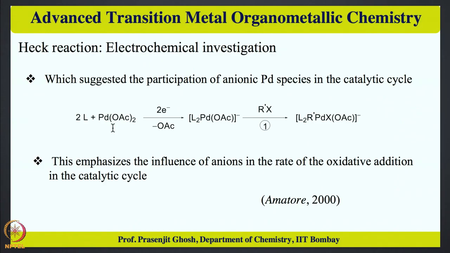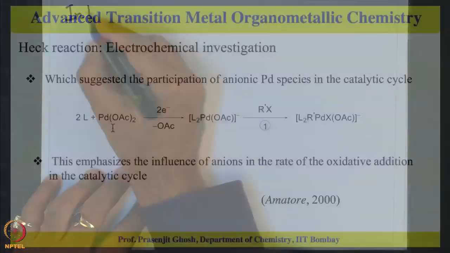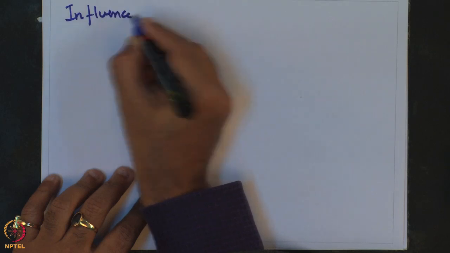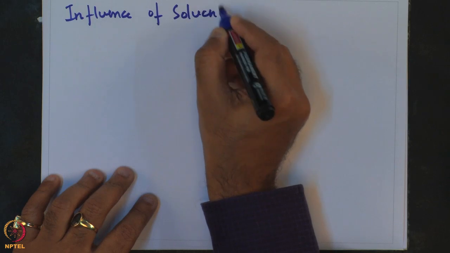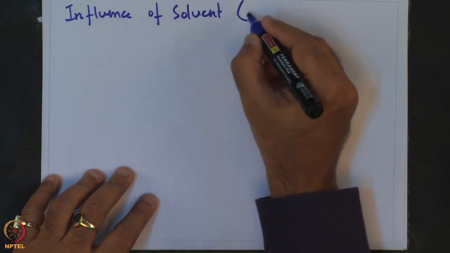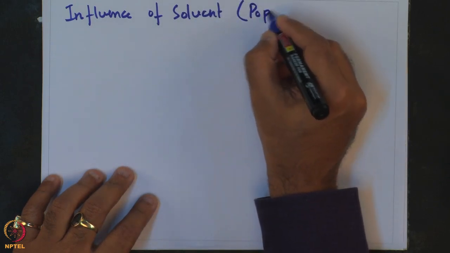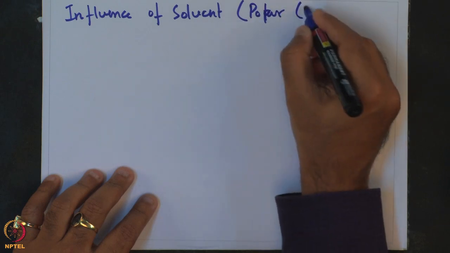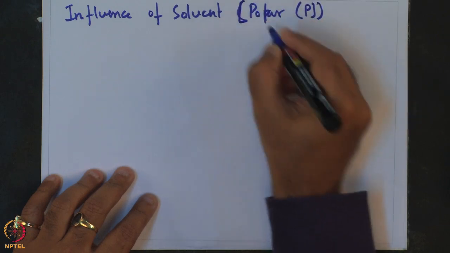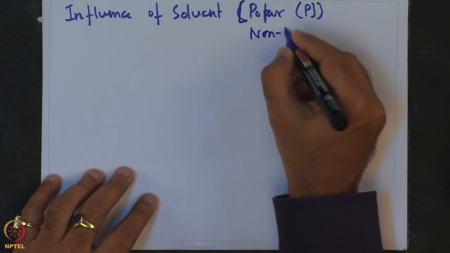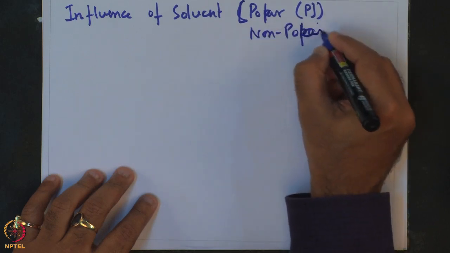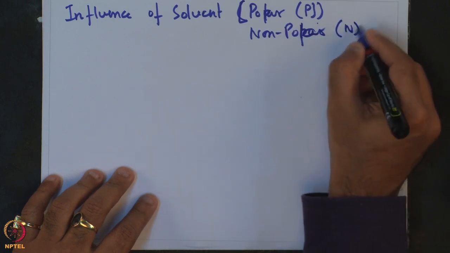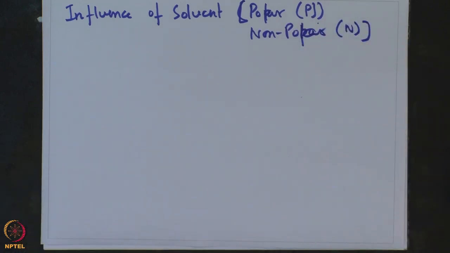So, we are going to see how the solvent, polar P or non-polar N, affects the catalytic cycle.